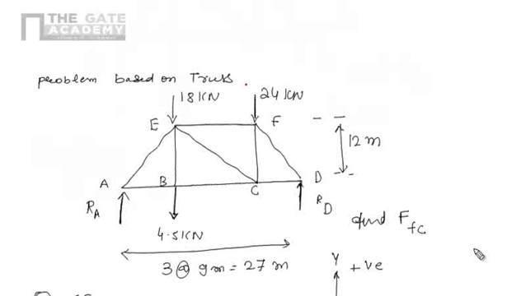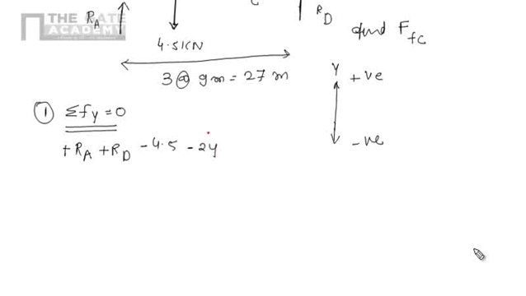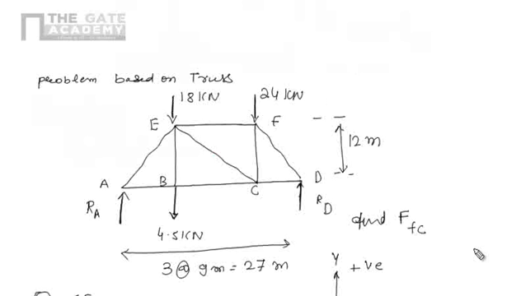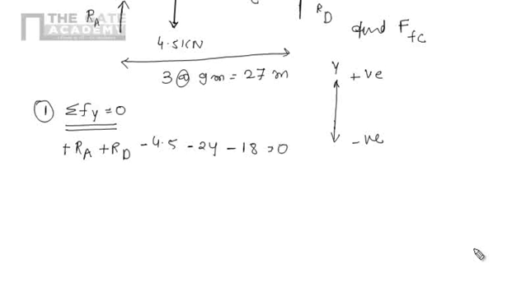This 24 is also downward, so minus 24. And this 18 is also downward, so minus 18, equals 0. Summing up, RA plus RD minus 46.5 equals 0, so RA plus RD equals 46.5.